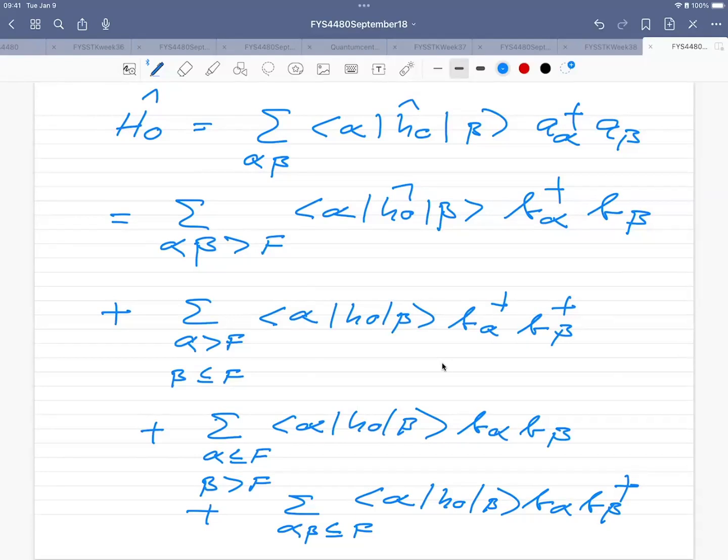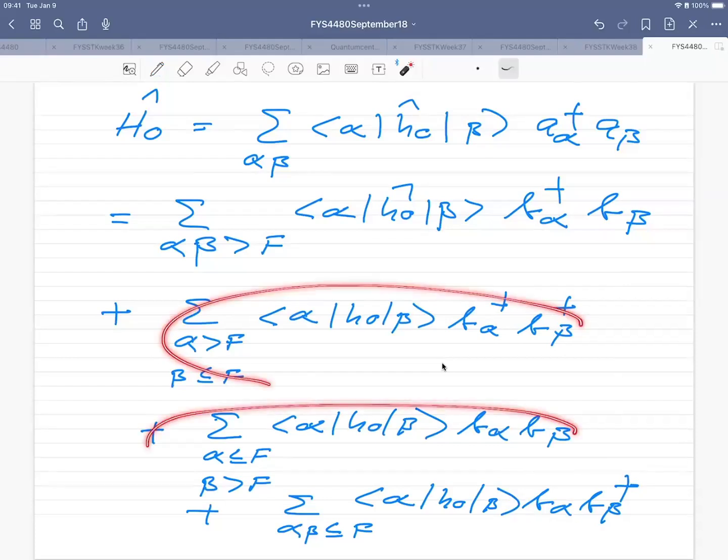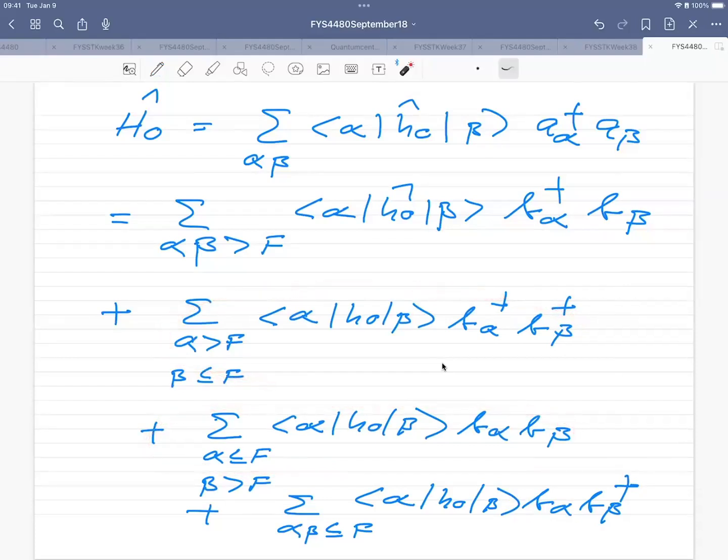So what we can do next is, since this operator which you see here is not in a normal ordered form, we can use again the contraction rules and rewrite this one in terms of a normal ordered form. Then, if you look at these expressions here, we can actually collect them together because alpha and beta are just summation dummies. They're just dummy variables.